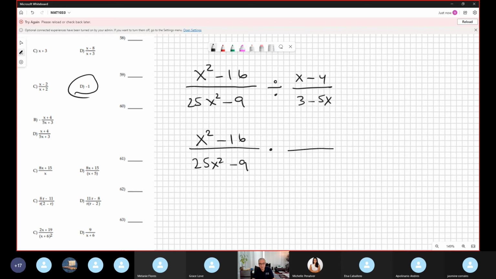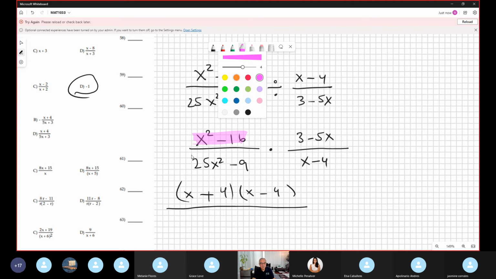9. 3 minus 5x, x minus 5. How do we focus? Factorization, this guy. Oh, it's a binomial. It's a difference of squares. Square root of x squared is x, square root of 64 is 8, plus or minus. Done.